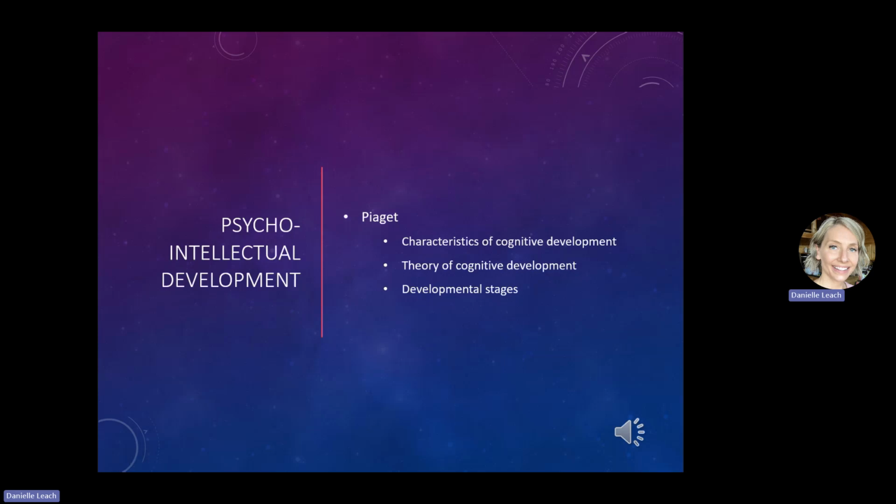Now we're going to start talking about some developmental theorists. The first one is Piaget, and he talked about psycho-intellectual development in children. You may have learned about him before in some of your introductory psychology classes, but basically he theorized that development is a sequential process that's very orderly, and it moves from stages that are more simple to more complex.